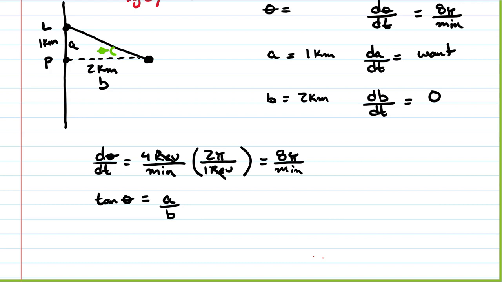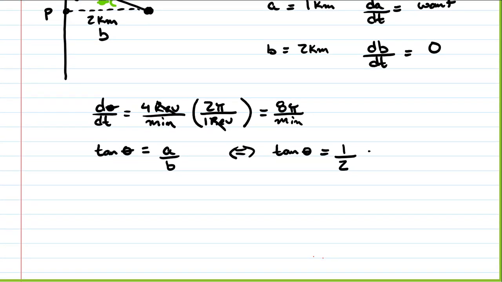So when the distance from the lighthouse is 1 kilometer, so when A is 1, we know B is 2, we can solve for theta by having tan theta equal to A over B, so 1 over 2. Taking the inverse tangent of both sides, we get theta is the inverse tangent of 1/2, right?